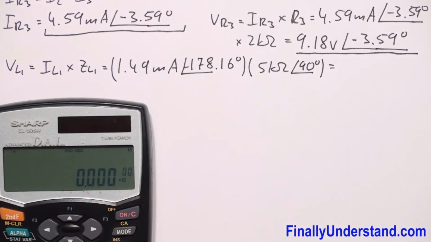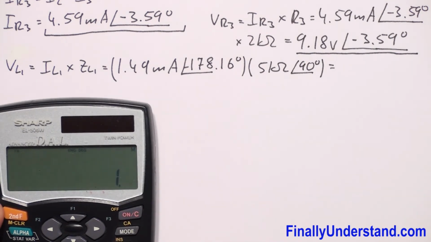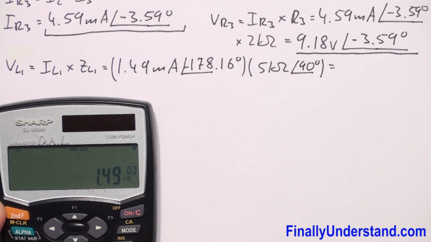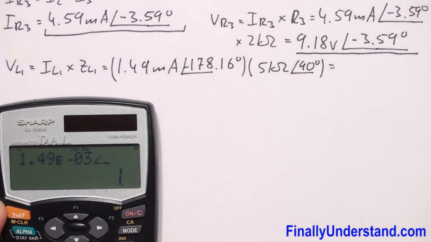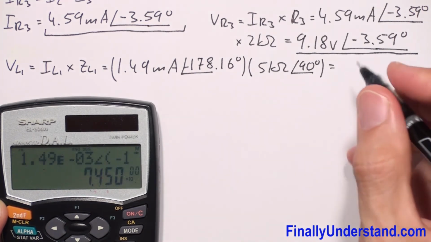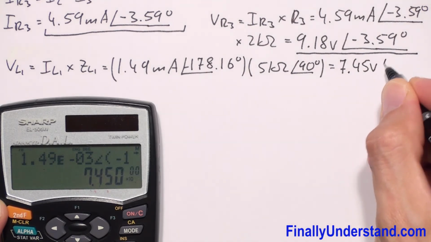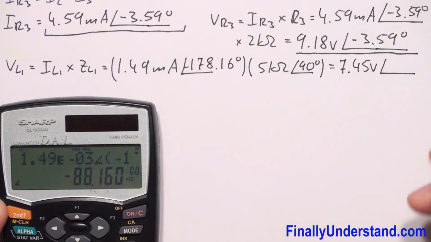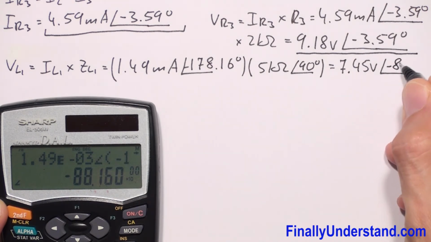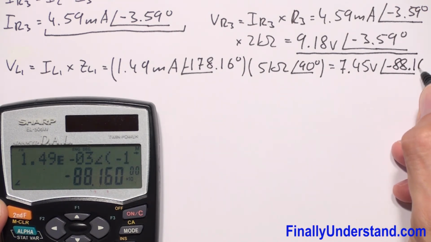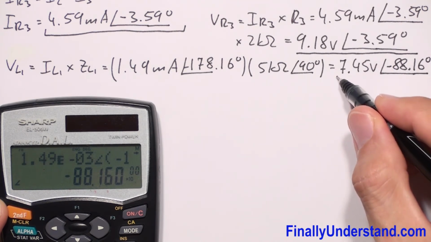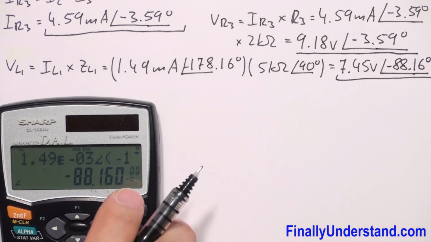So we have 1.49 × 10^-3 and angle of negative 178.16 times 5 × 10^3 and angle of 90 degrees. This is equal to 7.45 volts and angle of negative 88.16 degrees. Okay, so this is the voltage across inductor L1.